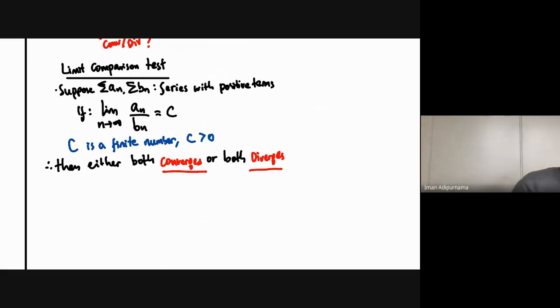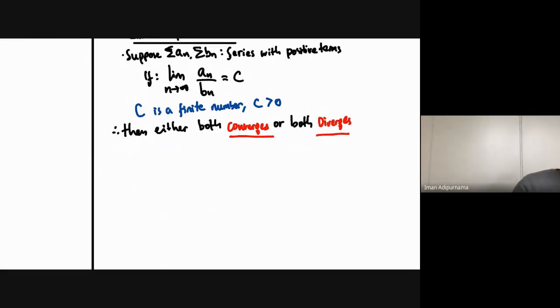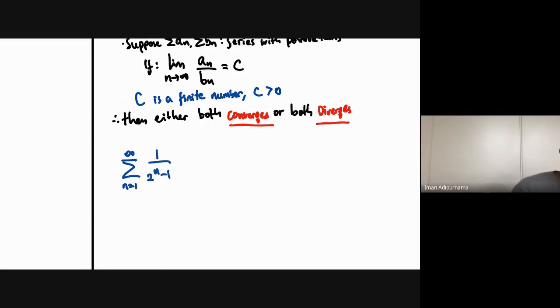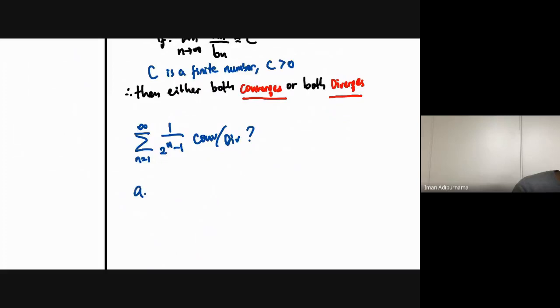Now going back to the previous question. Converge or diverge. Let's say we write an is this, and let's say we compare to bn is this.